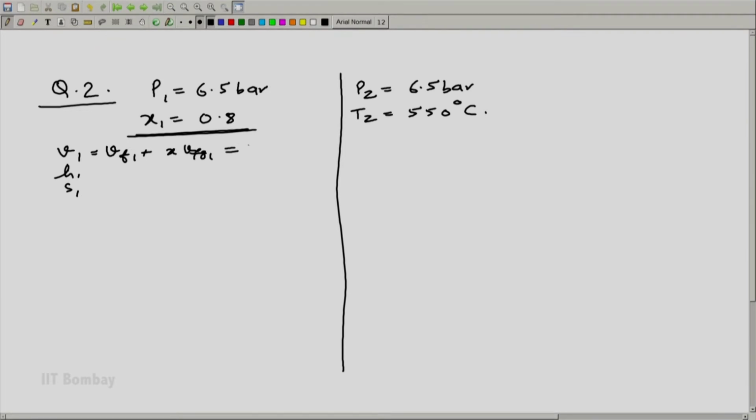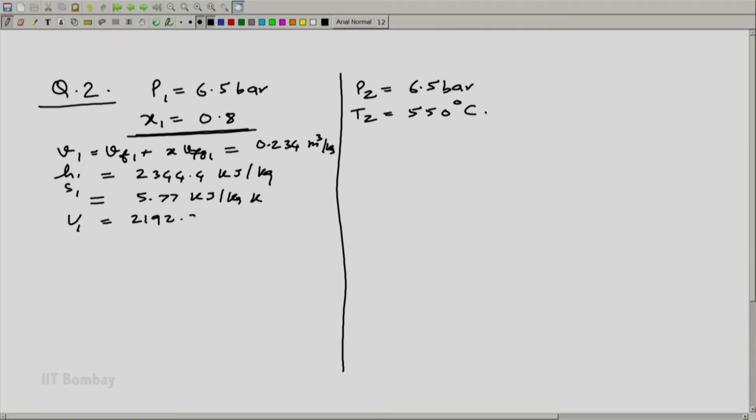So, V1 we get as 0.234 meter cube per kg, H1 we get as 2344.4 kilojoule per kg, S1 we get as 5.77 kilojoule per kg Kelvin, and U1 we get as 2192.23 kilojoule per kg. Alright, these are the values at state 1.